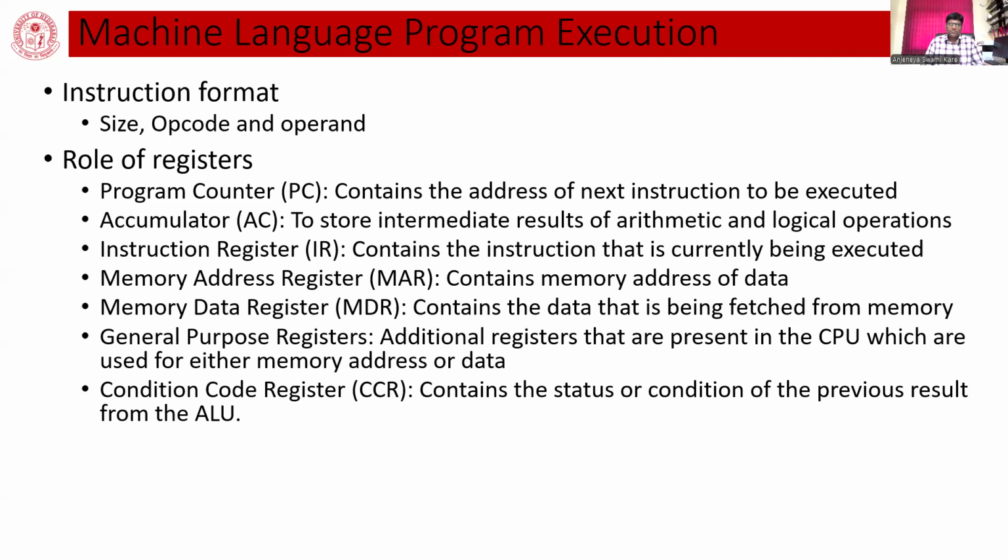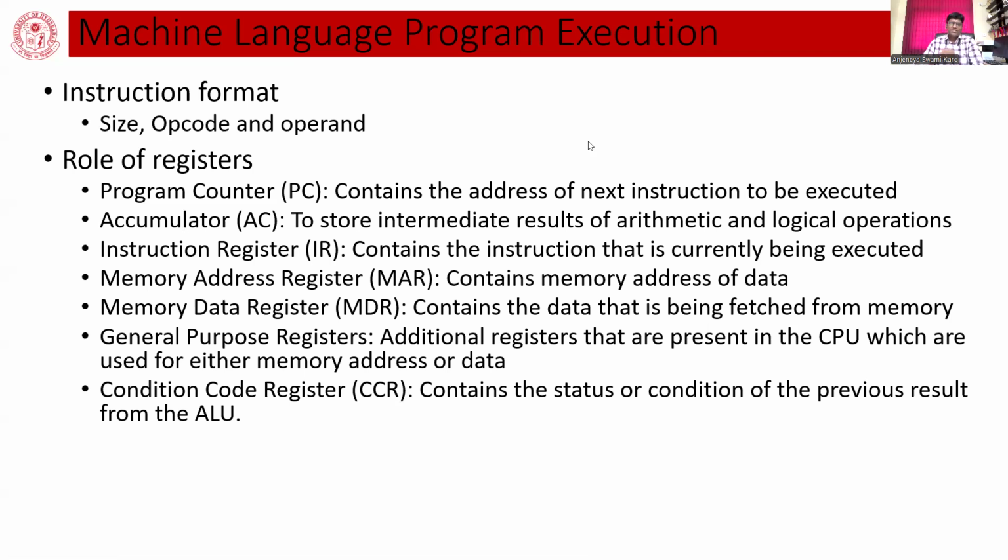The operation code tells what operation is to be performed. The operand tells where to get the data to perform the operation: from which register, or which memory location, to get the data for the operator.